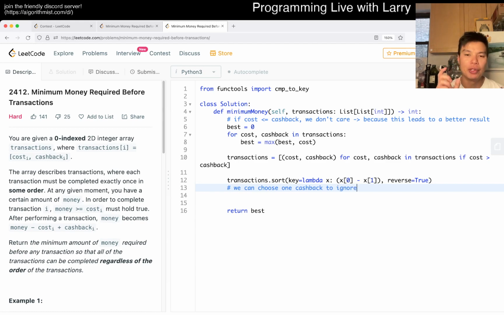It means that if you put one of the cash backs at the very end, then you can ignore it, because after the last one, let's say we already filtered out the ones that give you more money, you're always going to be positive. So the last moment where you care is the one except for the last cash back. So here we can do a for loop to calculate that, I think. So okay, let's see.